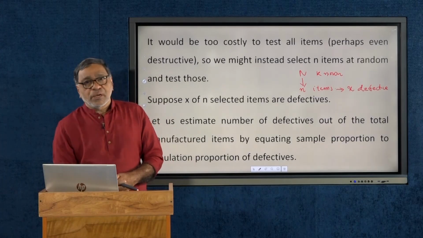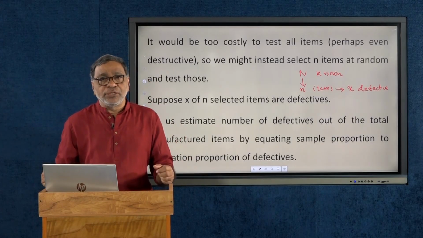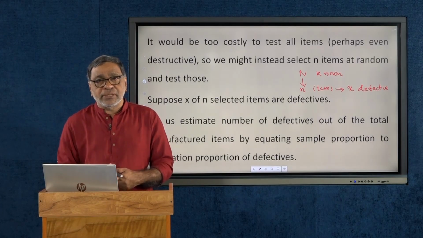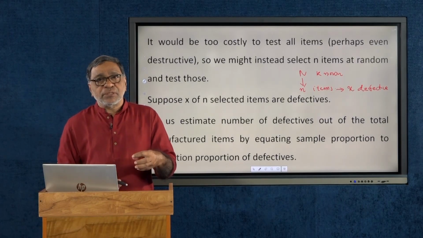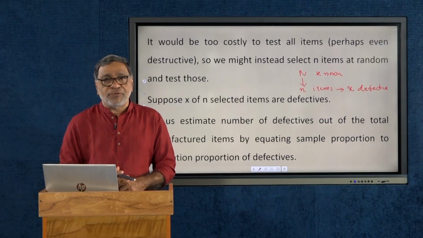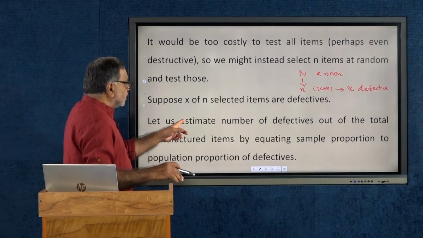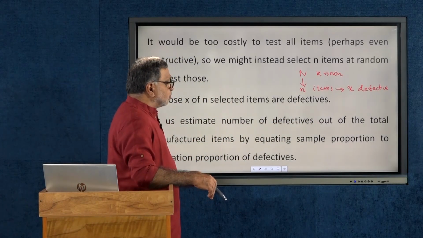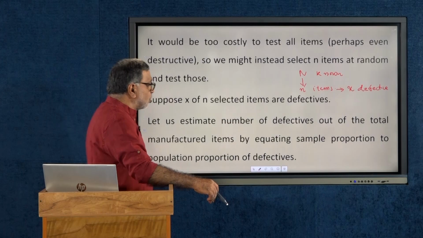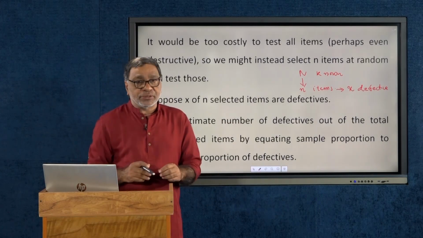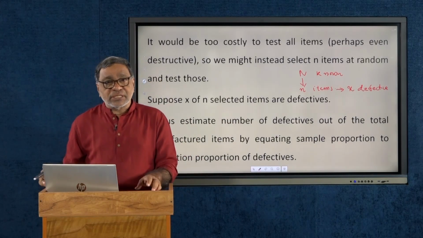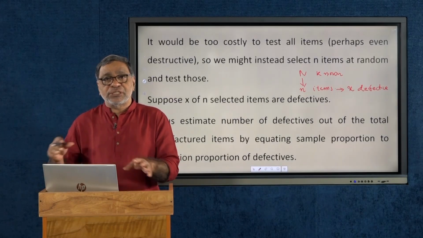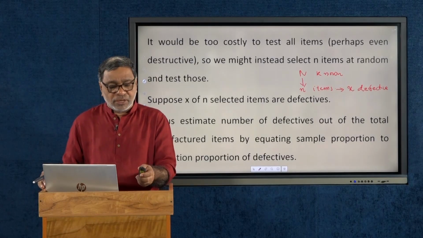A production unit manufactures N units, of which small n items are selected, and of these you identify that x are defective. Let us estimate the number of defectives out of the total manufactured items by equating the sample proportion of defectives to the population proportion of defectives.